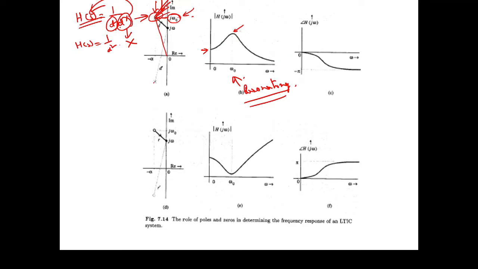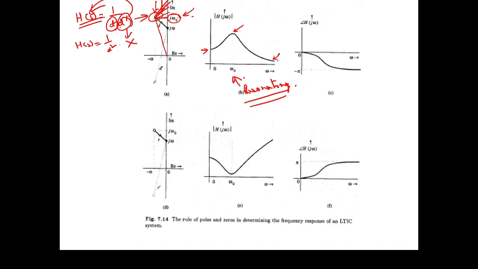Okay, at frequency tending to infinity, there would be some distance, it would not be zero. So the amplitude value Hs would be tending to 0, it will not be 0 but tending to 0.